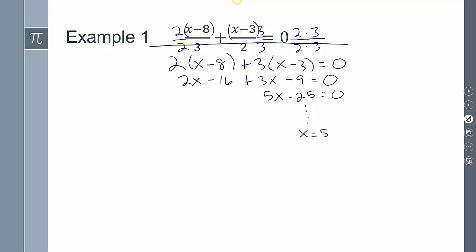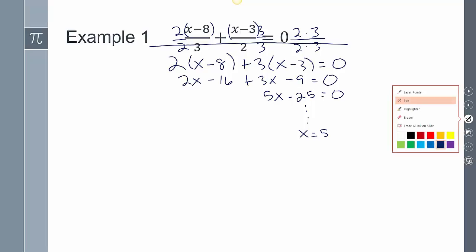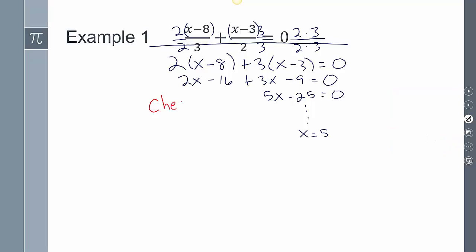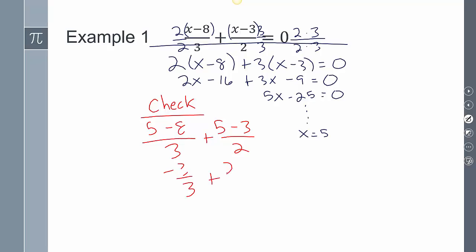Now I have to take that value and plug it back in and see if that's going to work. I have to check my solution. So when checking it, I'm going to get (5 minus 8) over 3 plus (5 minus 3) over 2. Simplifying this, I get negative 3 over 3 plus 2 over 2.